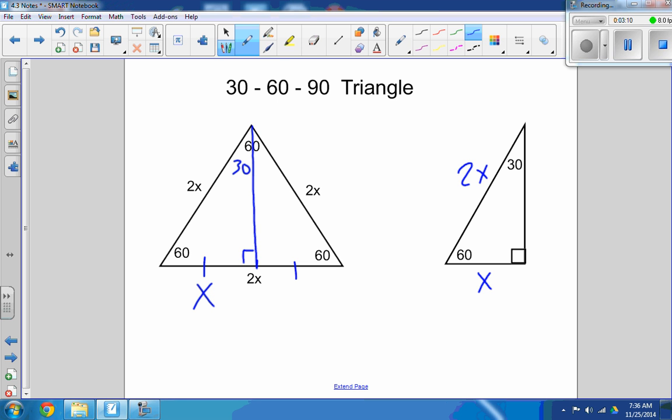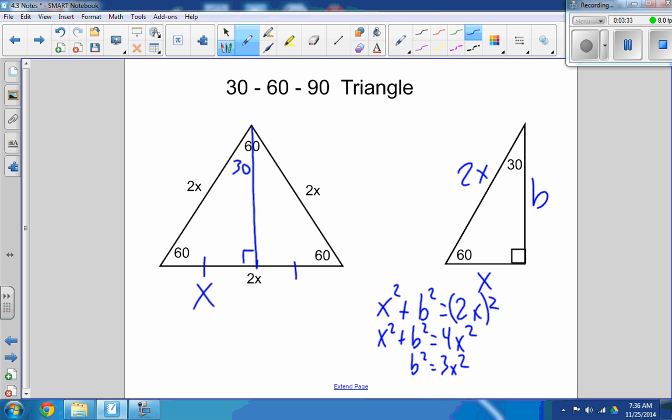Well, that still leaves me with, well, what's this side? Well, let's do the Pythagorean theorem. x squared plus b squared equals 2x squared. So x squared plus b squared equals 4x squared. Subtract x squared.